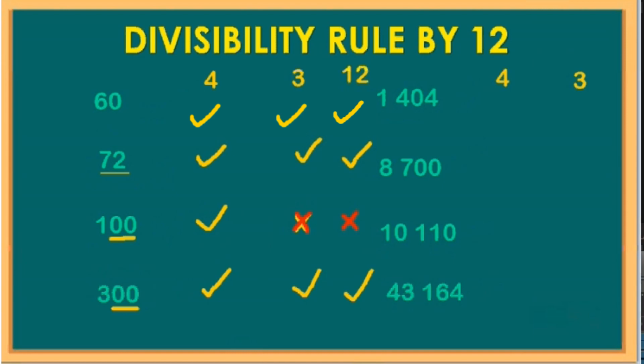For 1,404, it ends in 04. So 4 is divisible by 4. So 1,404 is divisible by 4. 1 plus 4 is 5, plus 0 is 5, plus 4 is 9. So it is divisible by 3.